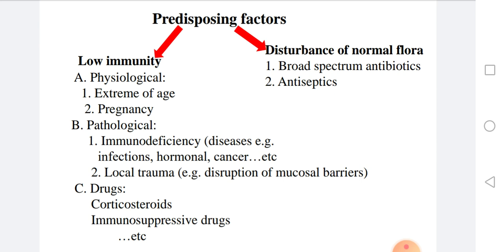The immunity can be lowered by physiological factors like extreme of age, in very young children when the immunity is not yet mature, very old when the immunity wanes out. During pregnancy, you see here, half of the baby is foreign to the mother.